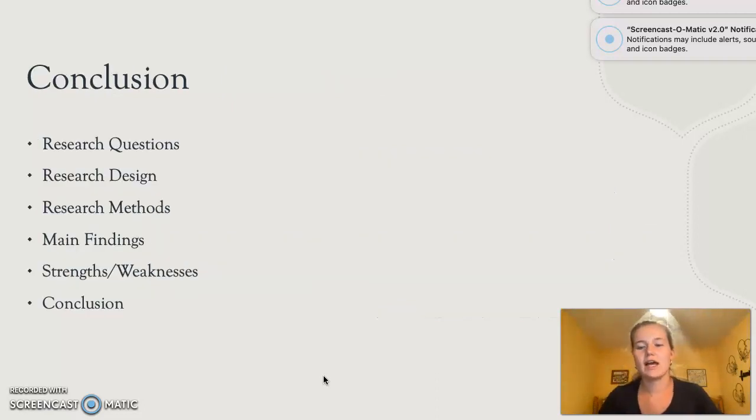So in conclusion, basically this research study aimed to see if pre-diabetics could go through physical activity intervention to decrease their susceptibility to diabetes. And they found that yes, the physical activity intervention was successful, and a lot of the social cognitive theory factors also increased through this trial.